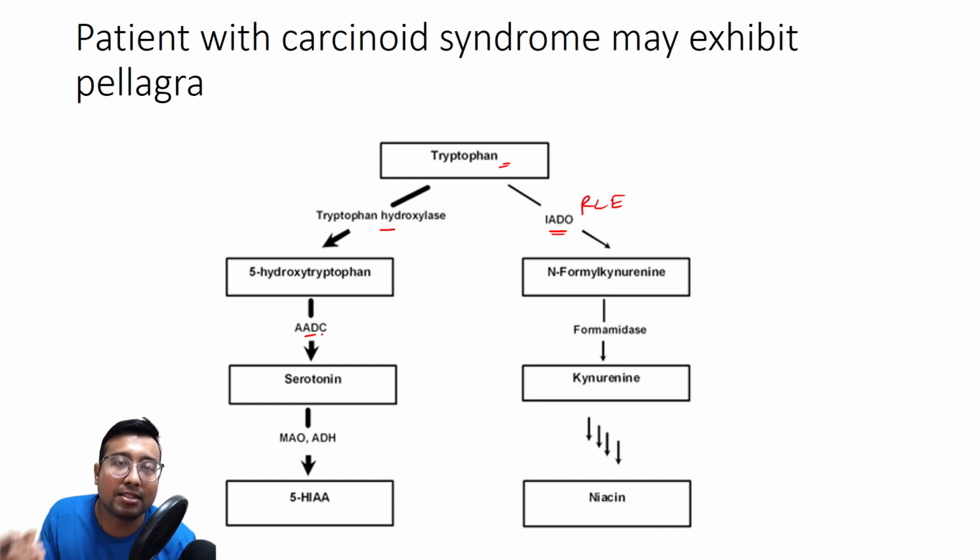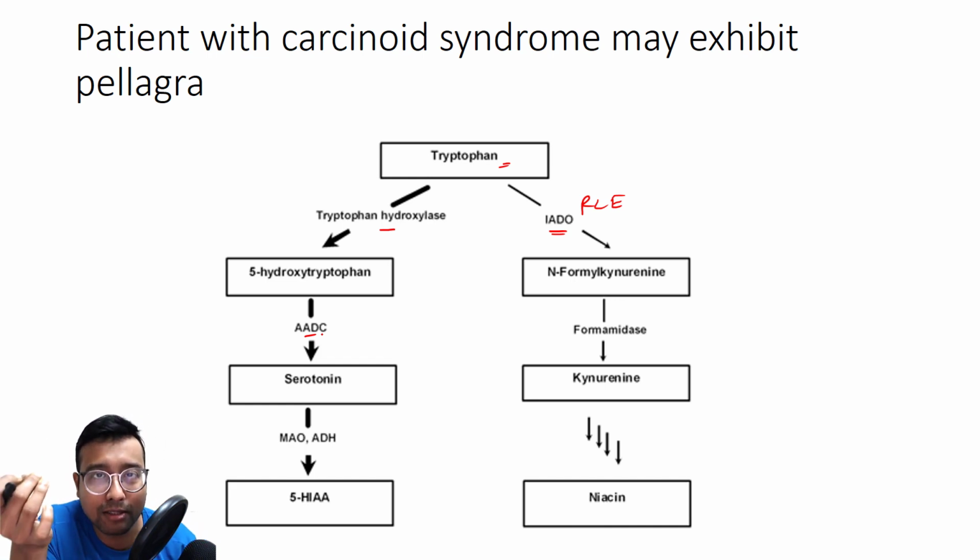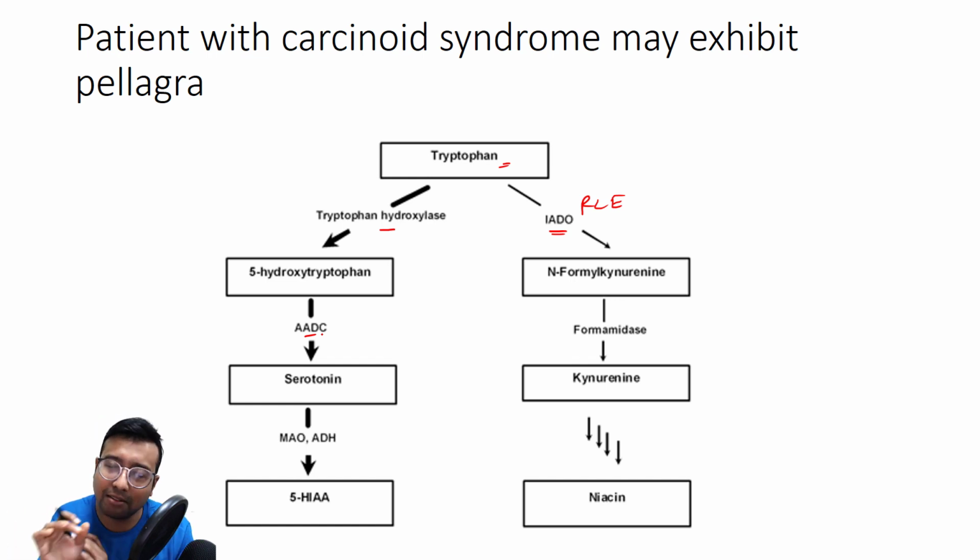And again, serotonin is converted to melatonin by acetylation and then methylation. We are not going into all those things, but mind it, serotonin is also an important product of tryptophan metabolism.